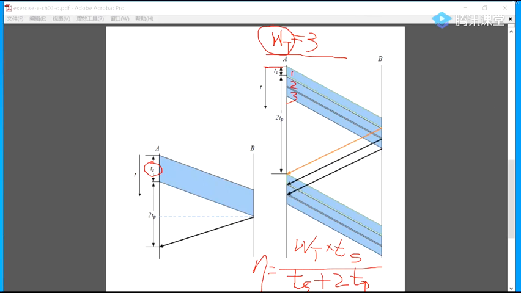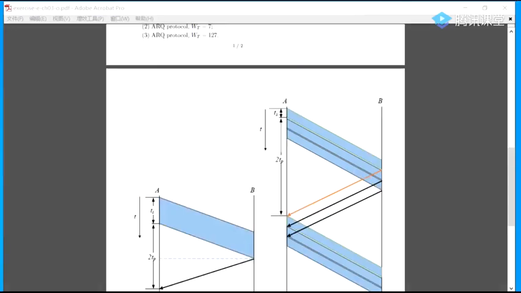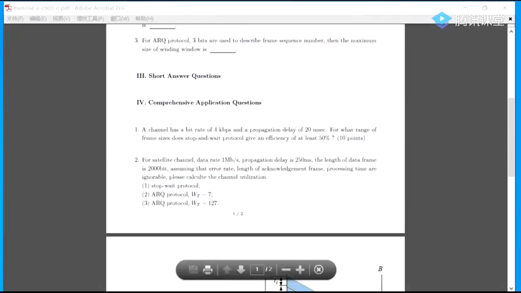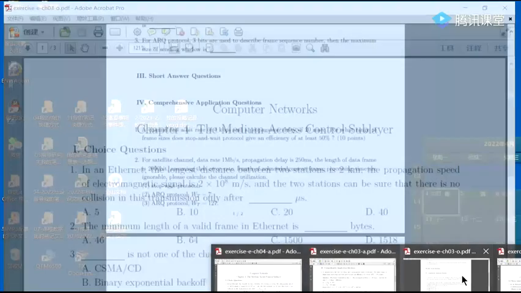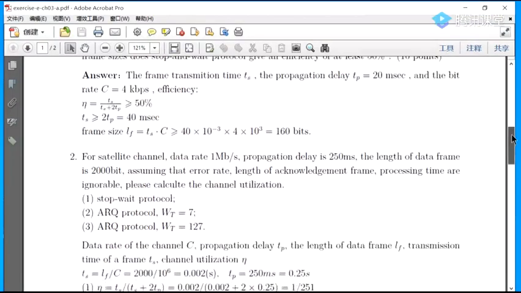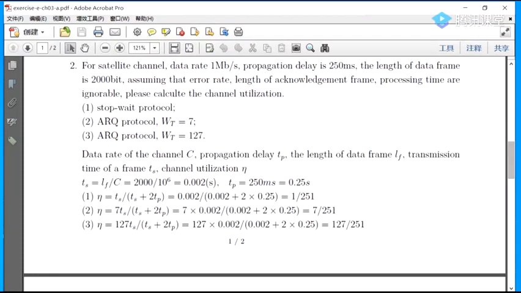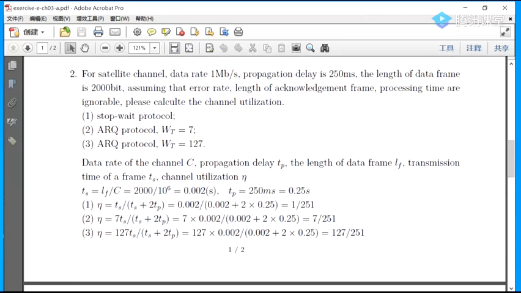If you understand this equation, I will illustrate the answers. For stop and wait, eta is TS divided by TS plus 2TP.